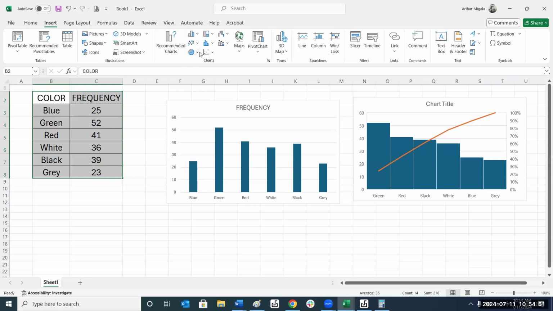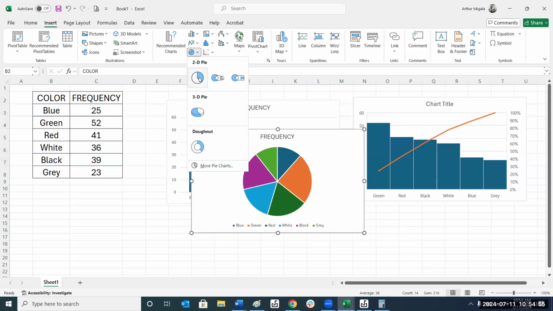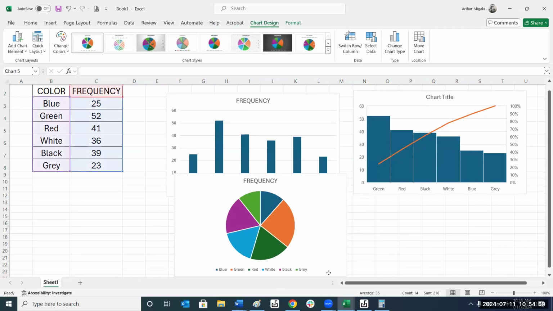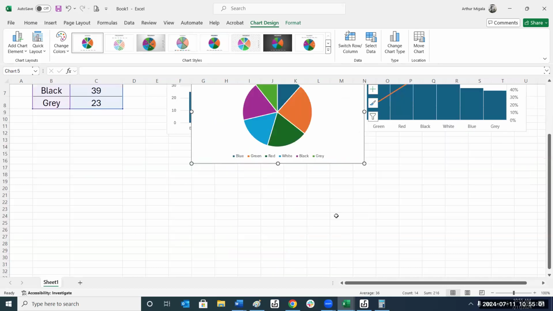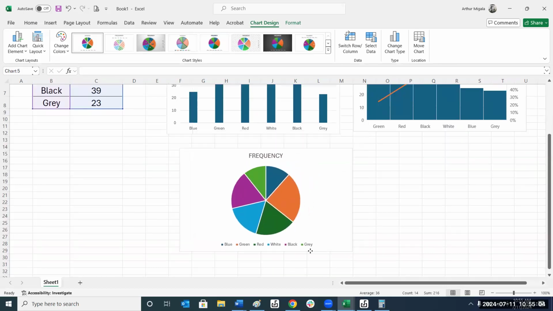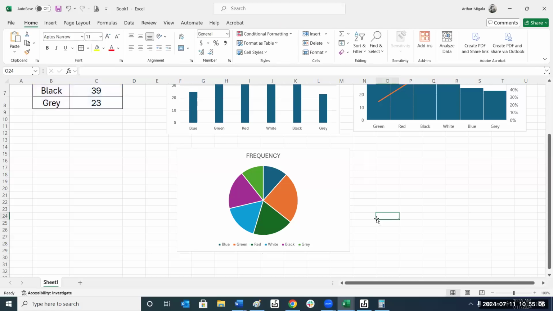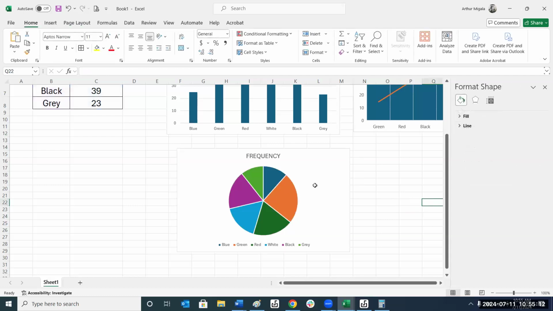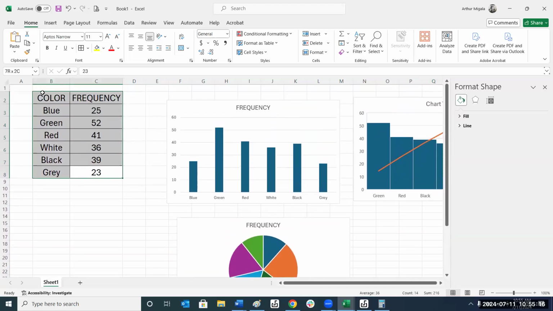Ooh, let's look at a pie chart. But that's not what we want. We wanted it to tell us more about this. Because what's missing on that pie chart?